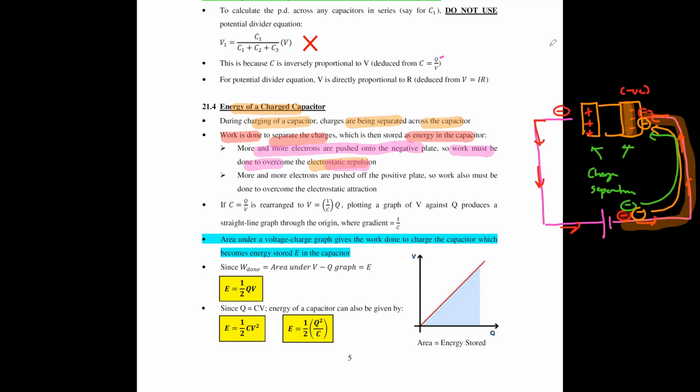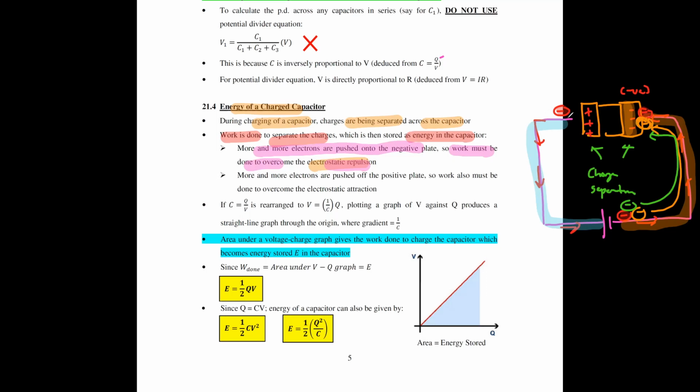When you first push your electron here, another electron is repelled away and tries to go back to your positive terminal. For this first one, there is probably no issue because there aren't any forces opposing the electron's motion yet. But the problem arises when you push your second electron here.